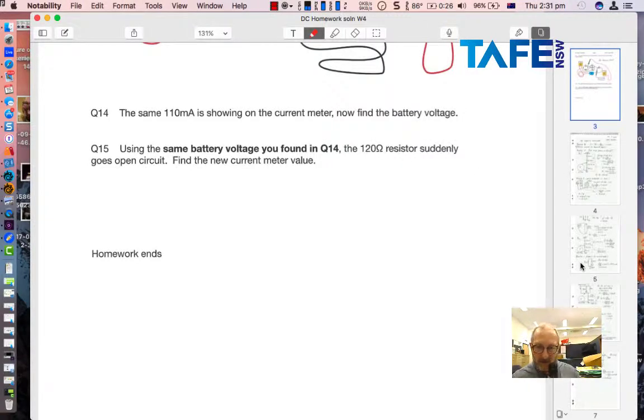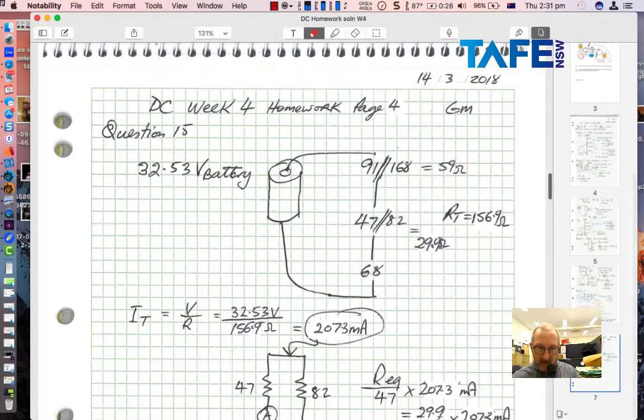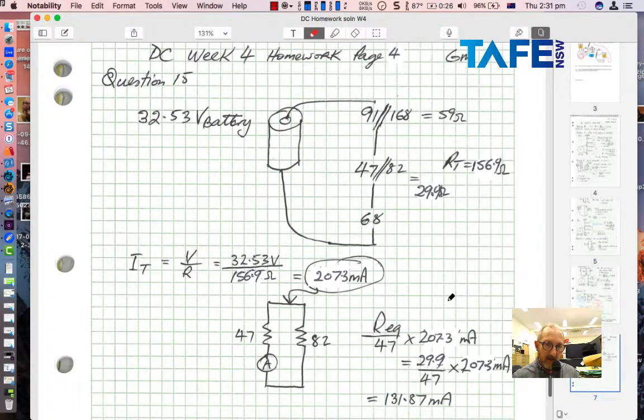So you've got to go back into the problem again, and now you're going to have new resistances. I've mapped it out: 91 in parallel with 168, 47 in parallel with 82 to give me an REQ of now 29.9 ohms, and 68 ohms on the end.